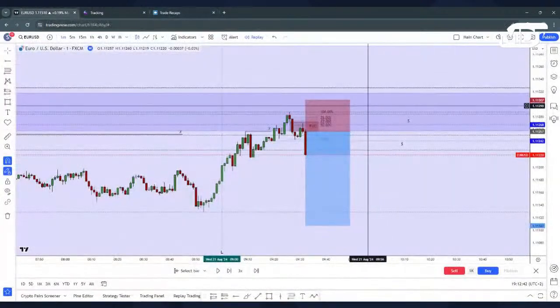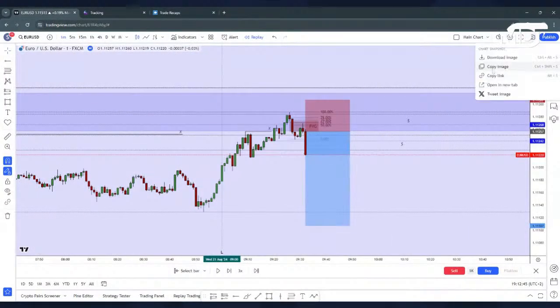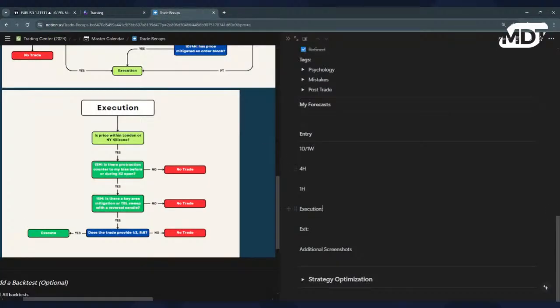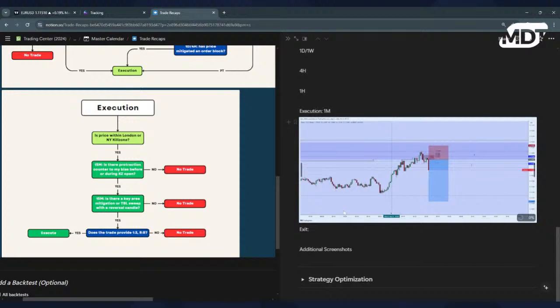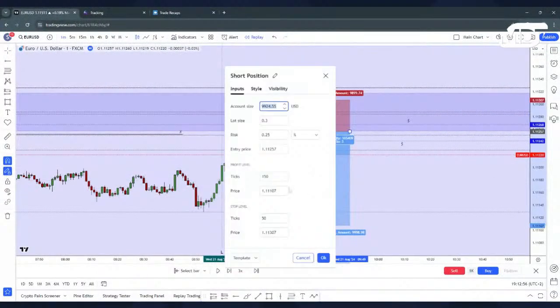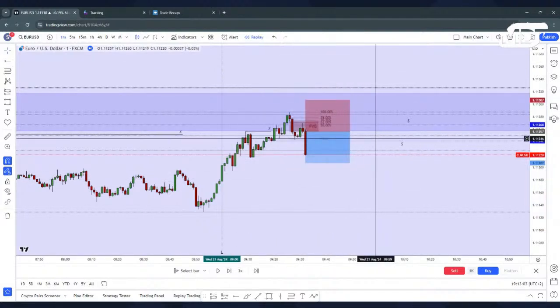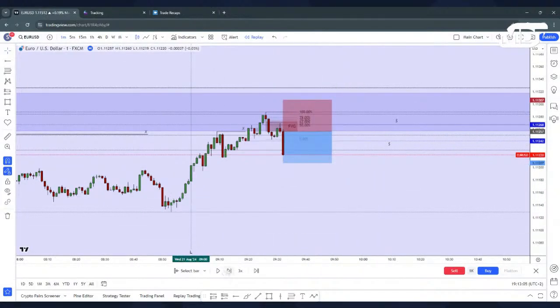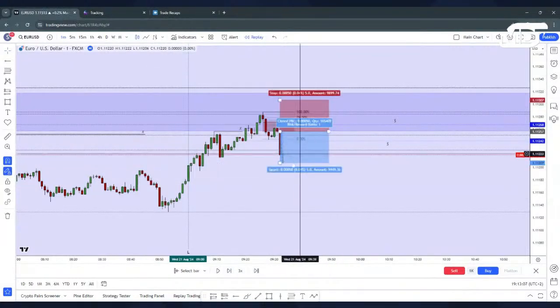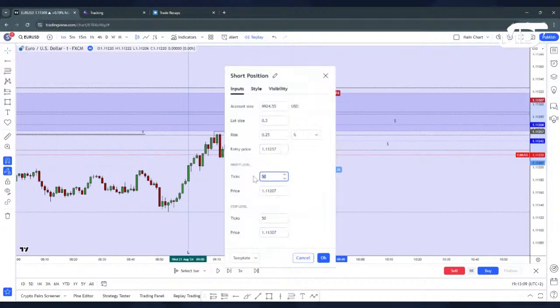And then just looking at my execution, 1 minute for now. Let's see. So we play price. Now we can go to half risk.